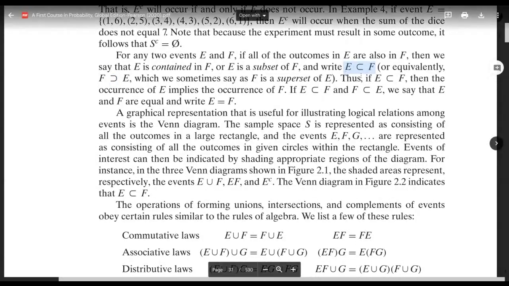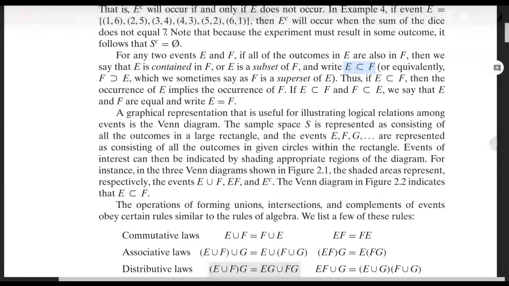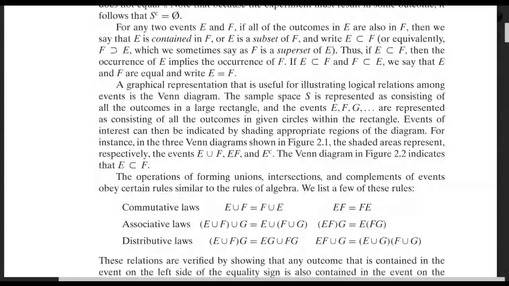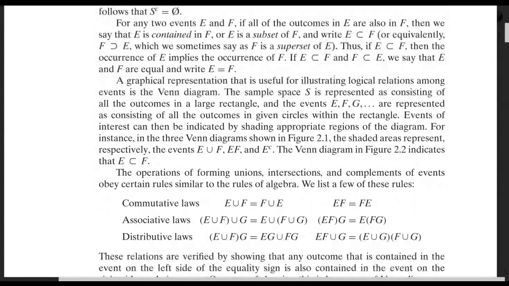We're all going to use this one: E is contained in F. If we want to show F is contained in E, we will write F contained in E. Let's agree upon this sign. If all the outcomes in E are also in F, and all the outcomes in F are also in E, we say the two events are the same.